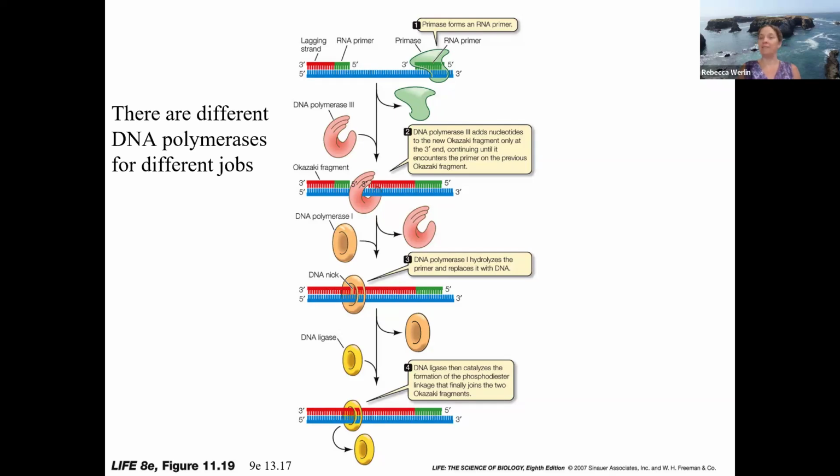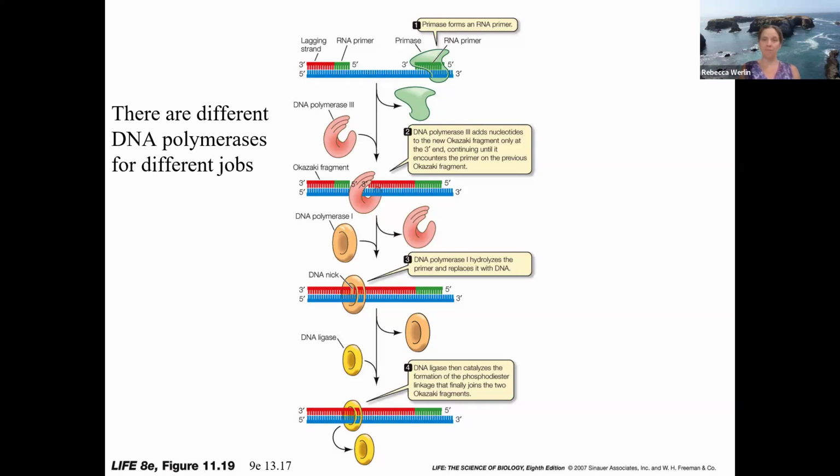Now, another DNA polymerase, this one called DNA polymerase 1, comes in and finds every single RNA primer added by primase and removes it, digs it out, and replaces it with DNA. DNA polymerase 1 is a very special enzyme, and it's able to both remove bases and replace the bases. Not all polymerases can do this.